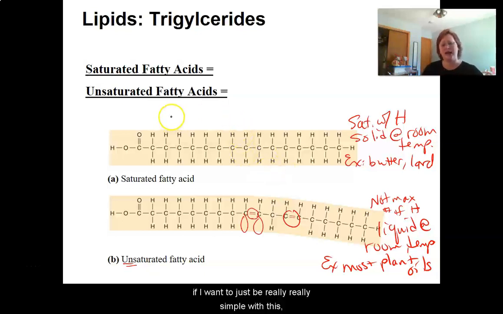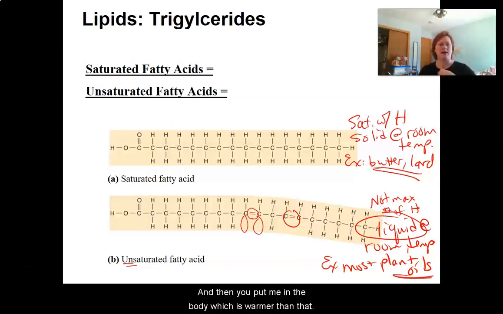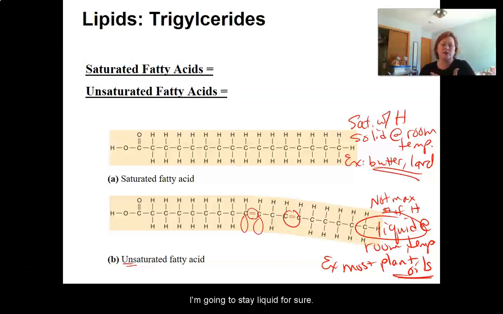Now, if I want to just be really, really simple with this, we know that butter and lard are bad for us, even if they taste good, and we know that the oils like olive oil are generally better for us. And the reason is fairly simple. If I'm a liquid at room temperature, and then you put me in the body, which is warmer than that, then I'm going to stay a liquid for sure.